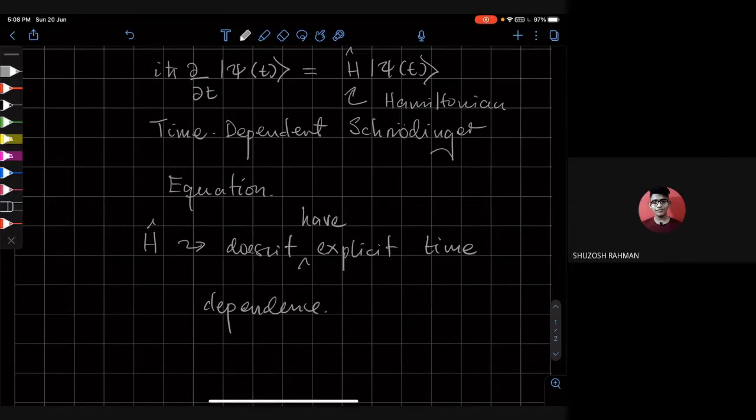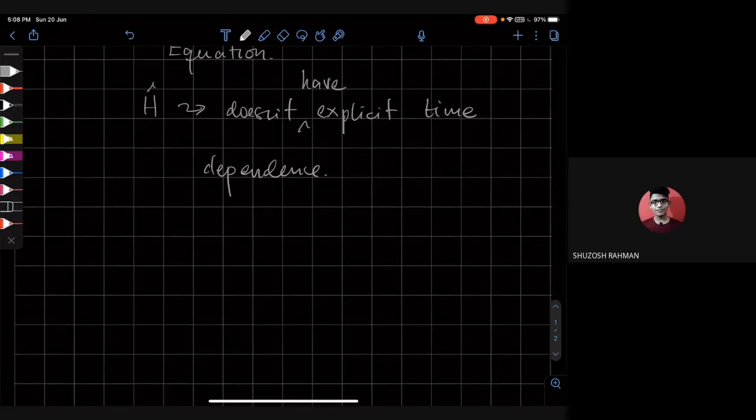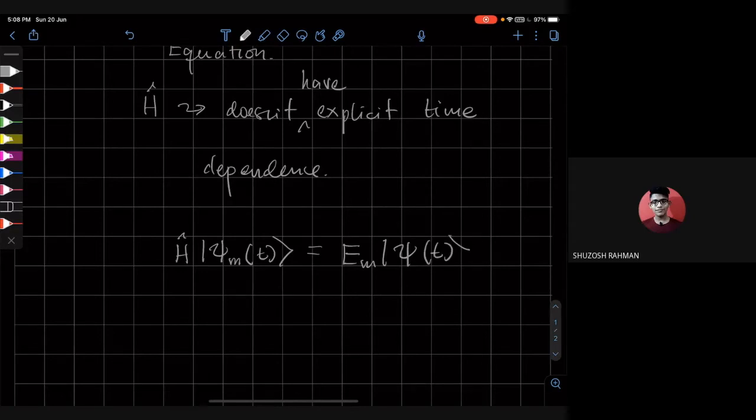Later in the course, we shall see how to incorporate time dependence in the Hamiltonian. So what we want to show is that if we can find the eigenvalues and the eigenfunctions of the Hamiltonian at some given time t, then we can solve the whole problem.